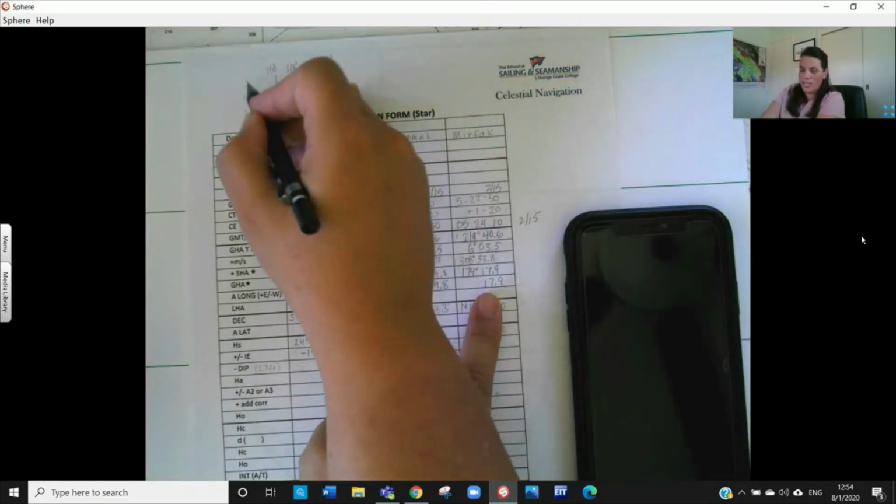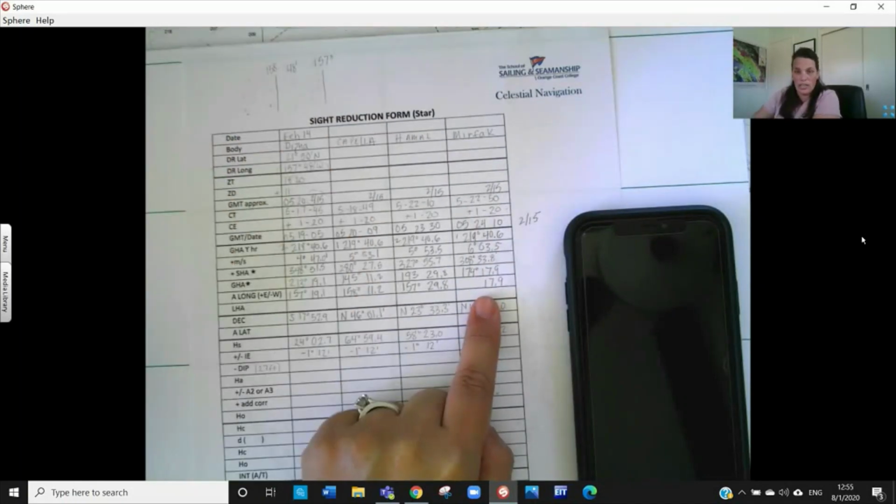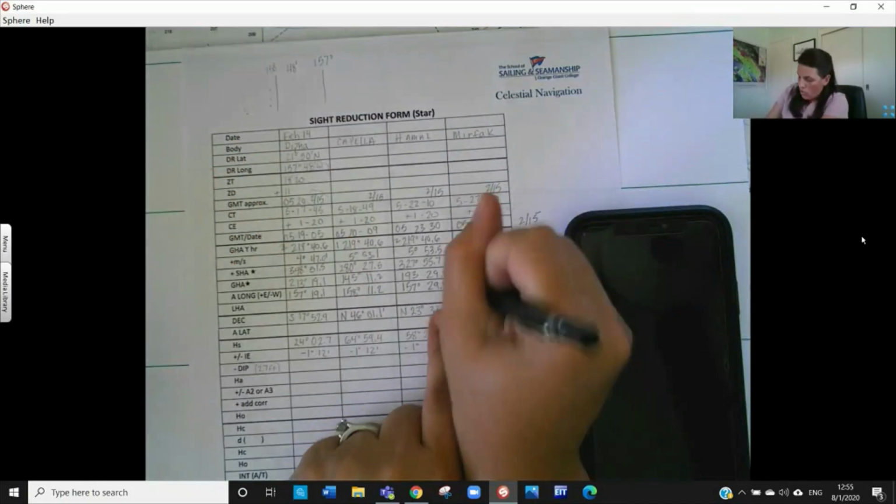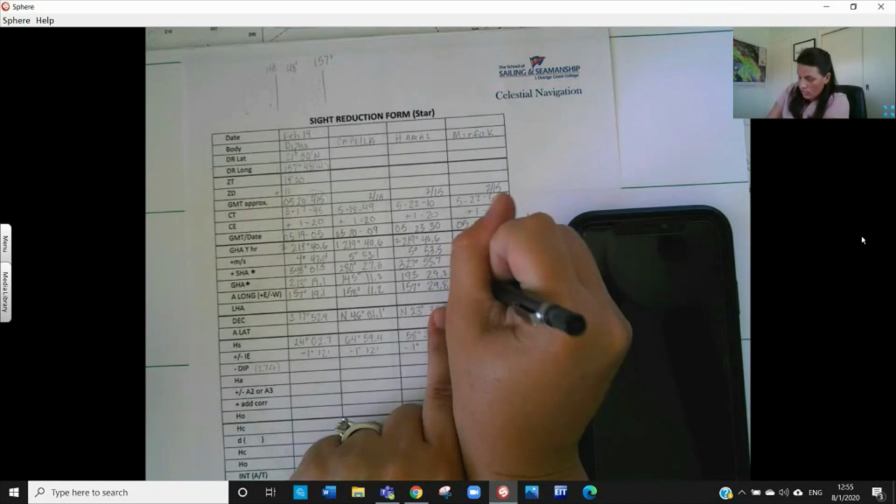So the 17.9 on this side would be closer, so I'm going to go with 158 degrees. Again, if you do 157, it does not change the overall outcome. You'll still get an LOP. It will be different than mine, but it will still cross through where you think you are.